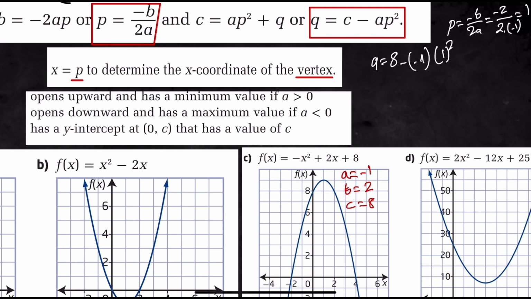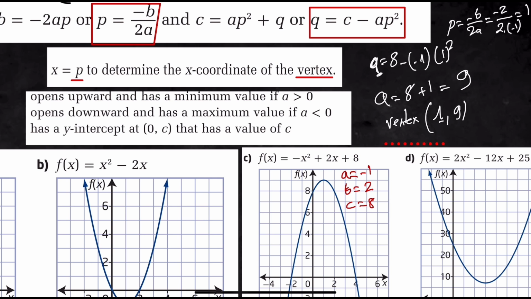Okay, this is my q. So my q is equal to 8 minus minus 1 times 1, so it's plus 1. It is 9. So now my vertex point, p and q, is 1 and 9.